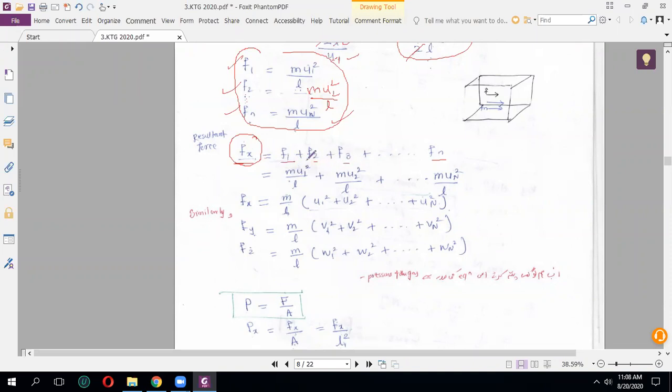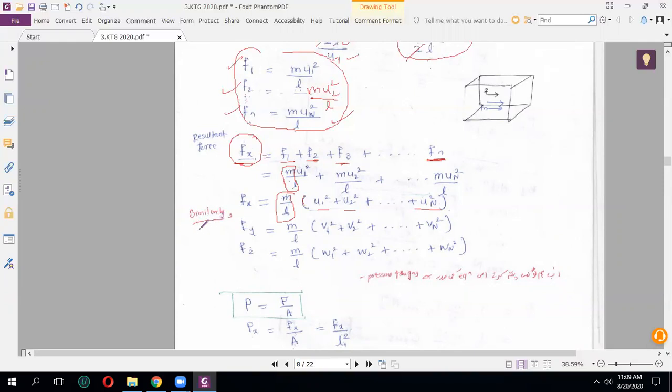F2 is mu2 square upon L. F3 is mu3 square upon L. Similarly, Fn is mun square upon L. So what is common in all these parts? m upon L is the common part, right, students? So take m upon L common. The uncommon part we take in the bracket. What are we getting? u1 square plus u2 square plus up to un square.